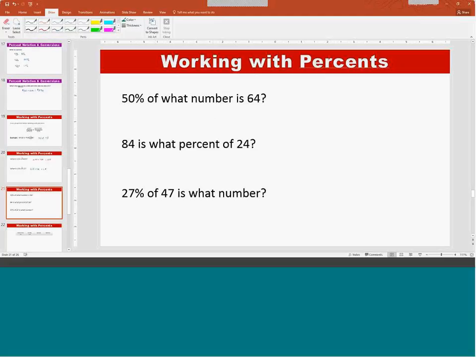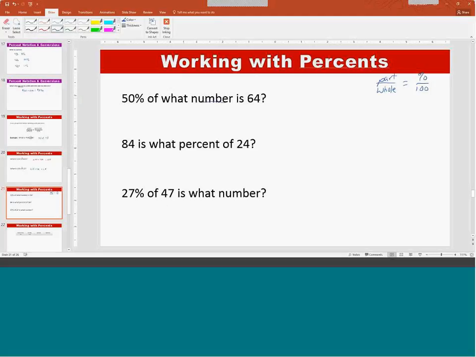Let's look at it in this way, whenever we don't know the number that we're multiplying 50% times. So 50% of what number is going to give me 64? This is when I need to use my part over whole equals percent over 100 formula.